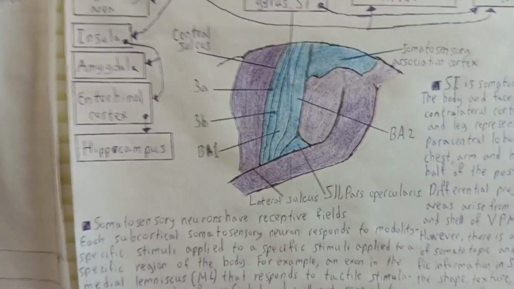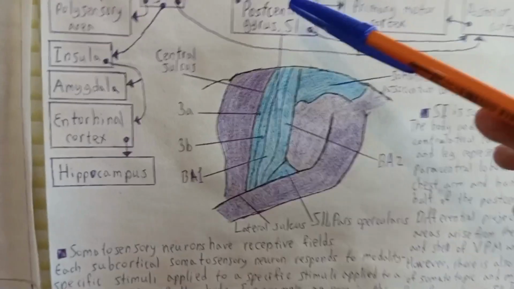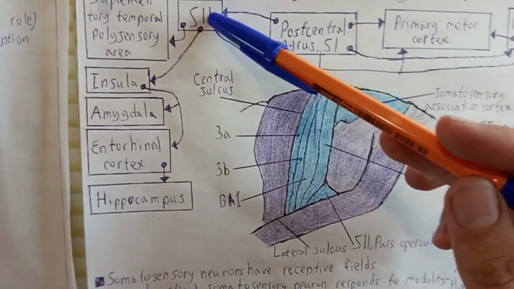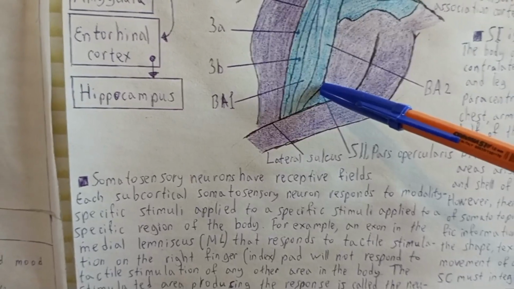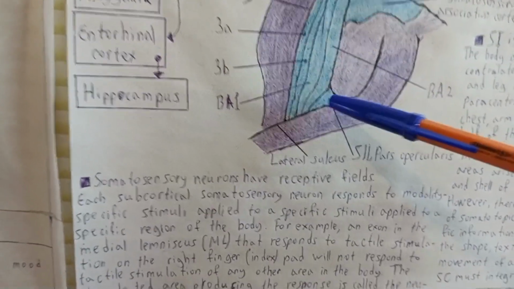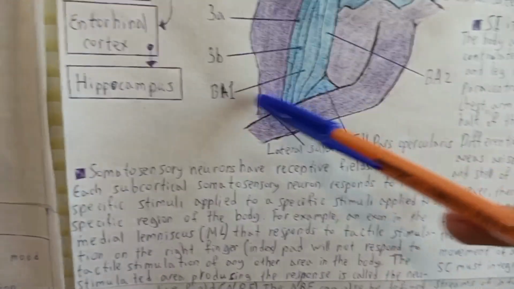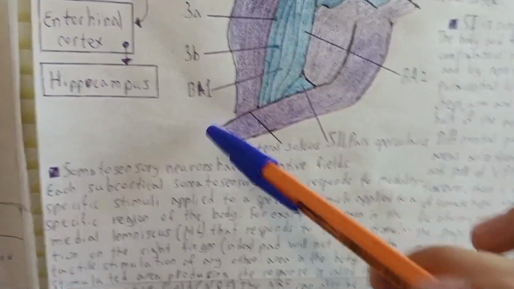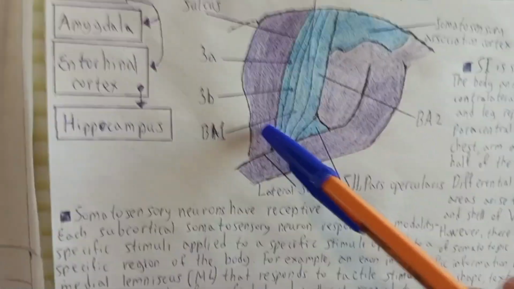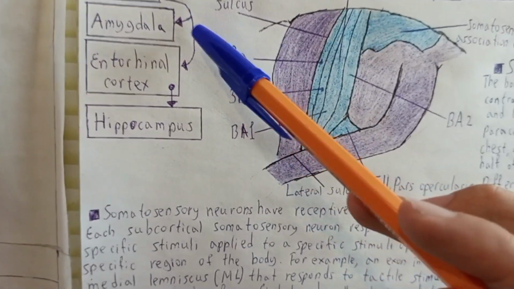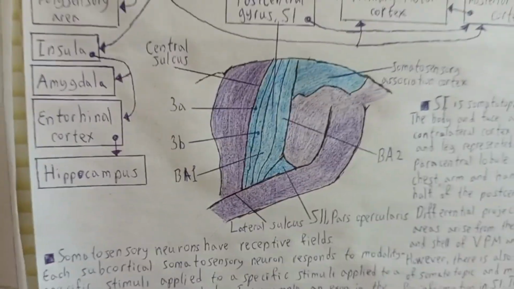Let's continue. So the postcentral gyrus goes mostly to S2, which is from here to here, because this is secondary. Then secondary can go to the insula, which is anterior and deeper in the lateral sulcus. From the insula it can go to the amygdala and entorhinal cortex. If you wonder, the amygdala is here approximately.